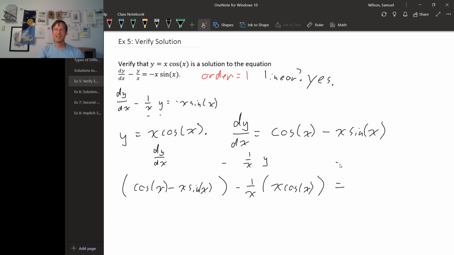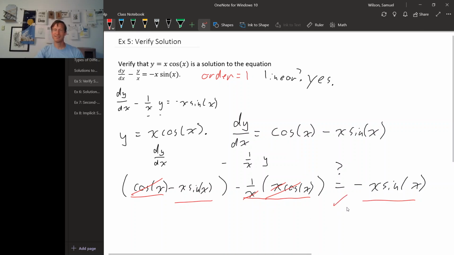And we want to check, is this equal to minus x times sine of x? Well, let's see, we're going to have to do some simplifying here. So it looks like this x cancels that one, but then here we have a plus cosine x and a minus cosine x, and so those cancel, and we're left with minus x sine x and minus x sine x.